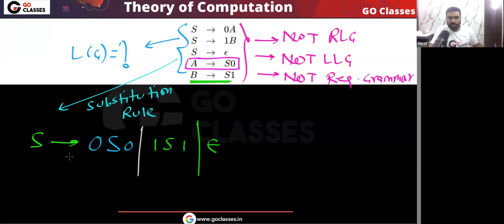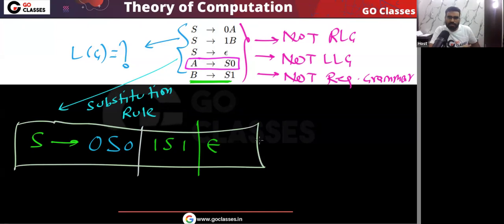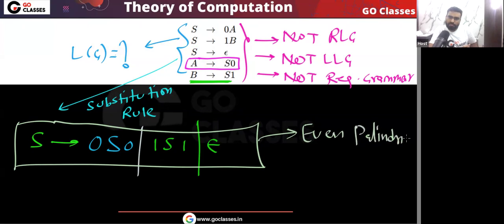You can see this is the grammar, and this is a standard grammar for even palindromes. Yes or no? This will generate even length palindromes, because here you can notice, if you start with 0, notice what this S will generate.